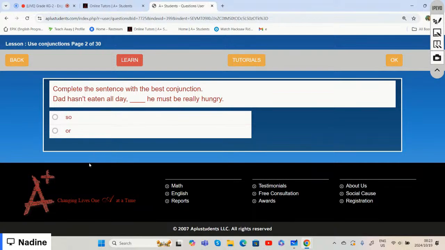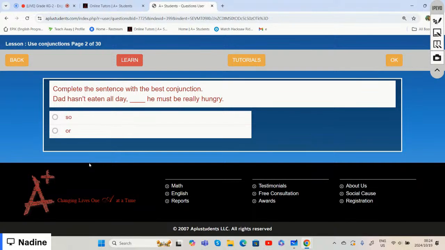All right, so it says, Dad hasn't eaten all day. He must be really hungry. So do we say, and he must be really hungry, or, so we need to choose the correct option, either so or or.